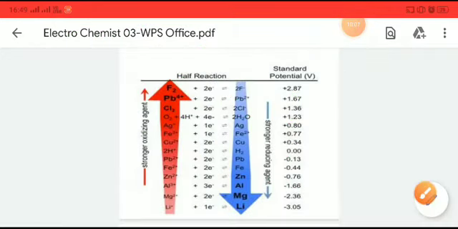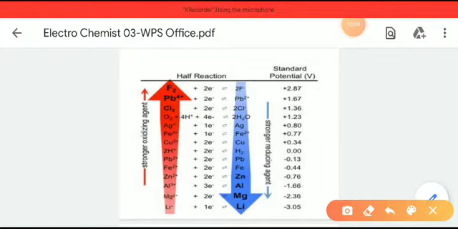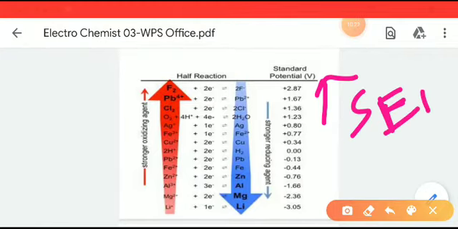So as we know, fluorine, Pb4 plus, Cl2, oxygen, silver have higher standard electrode potential.